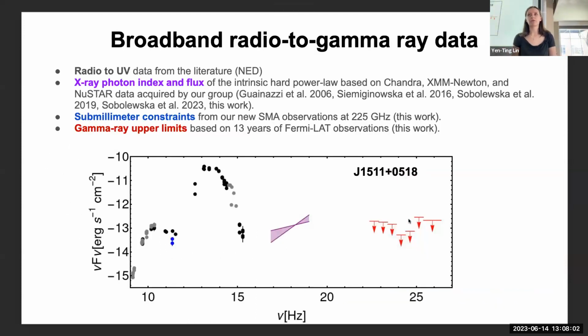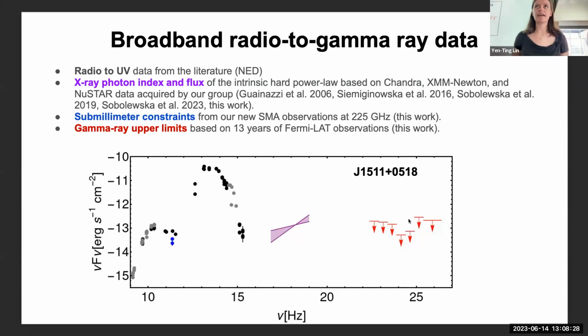So in our modeling, we are using broadband data. Most of the data from radio to UV frequencies were coming from the literature. We are, however, also using X-ray photon indices and fluxes, which were previously modeled and obtained by our group based on Chandra, XMM-Newton, and NuSTAR data, also in this work.